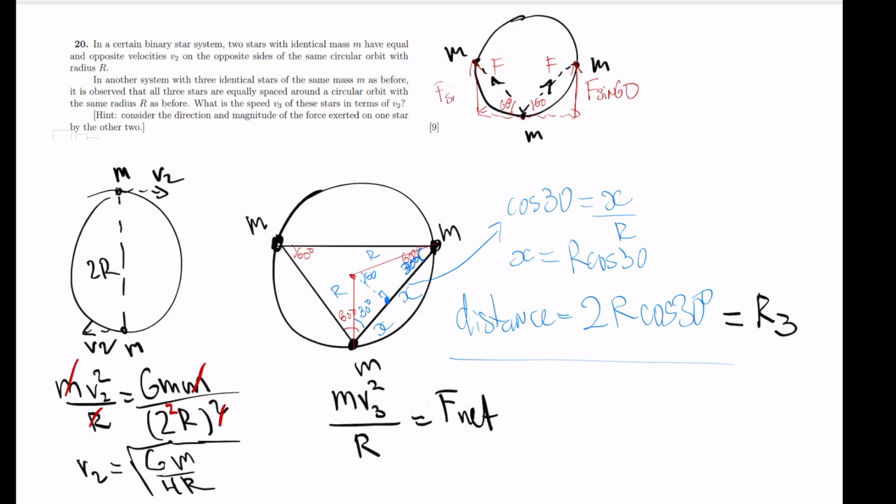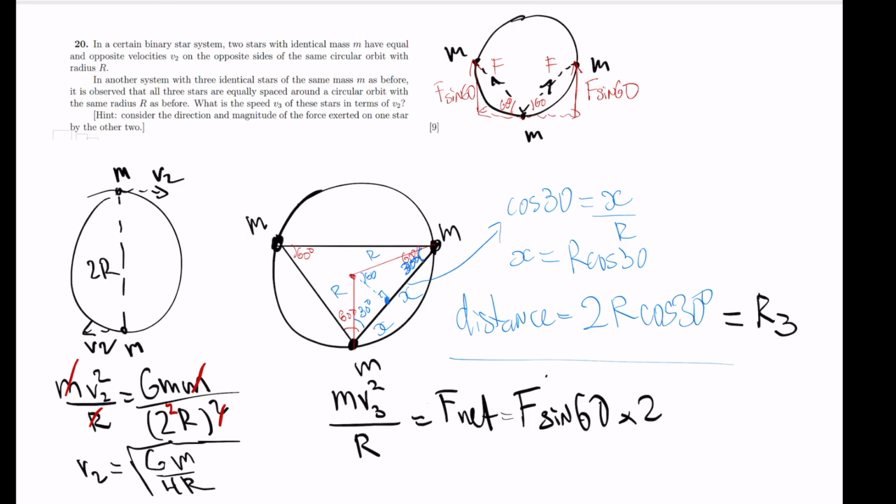This one here will also be F sine 60. So this means that the net force which acts on it will just be given by F sine of 60 multiplied by 2.